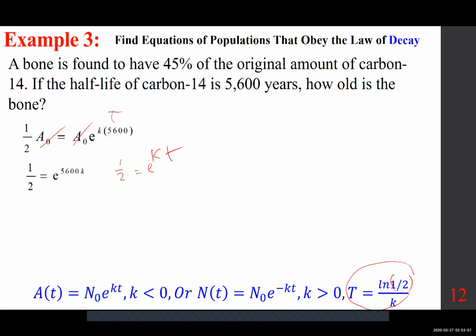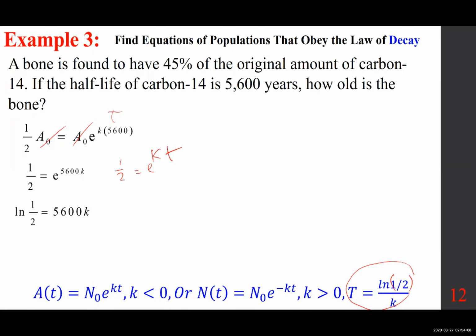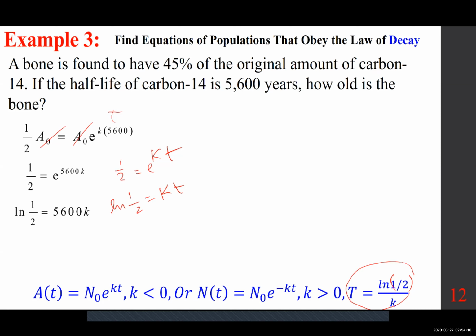Now you take the natural log of both sides. So when you take the natural log of left, you get ln of 1/2. The right side, the exponent comes out, and the right side is left with the exponent only.